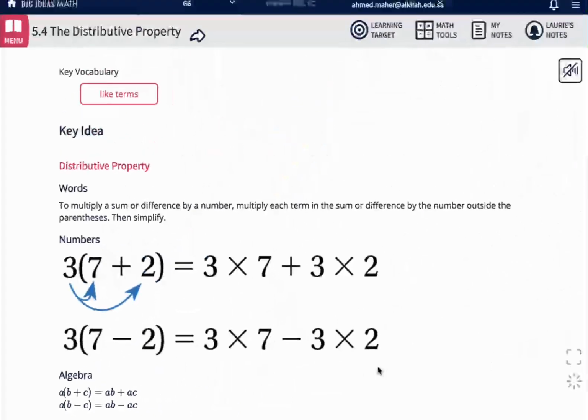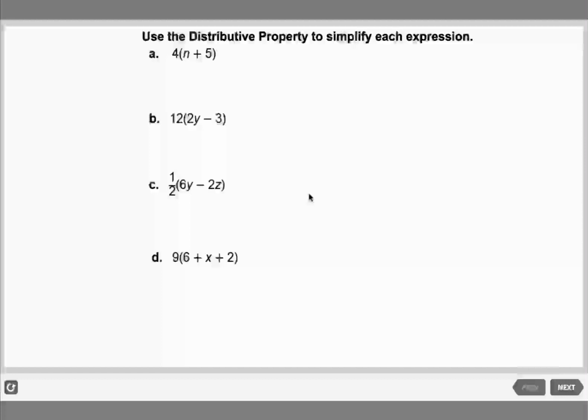Okay, to make sure that we understand the main idea, we need to see an example for this. We need to use distributive property to simplify each expression. The first one we have is 4 multiplied by n plus 5. So as we said, we should multiply 4 by the first term and multiply 4 by the second term.